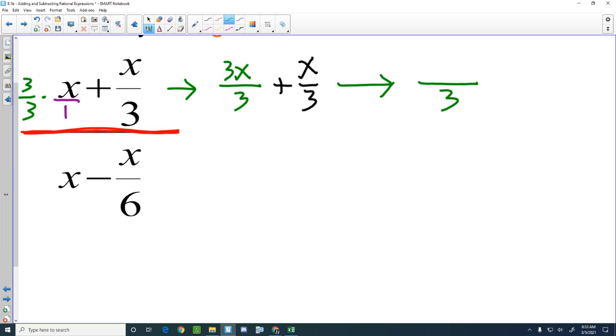I'm going to have 3 on the bottom, right? That's the common denominator, kind of like what we've been working with all class. Now just add the numerators. If I had 3 x's and I add one more x, how many do we have altogether? There's 4 of them. There's 4 x's. Okay, now remember, that was all just that top fraction. We had those two different terms. I combined them to make it into this single fraction now.